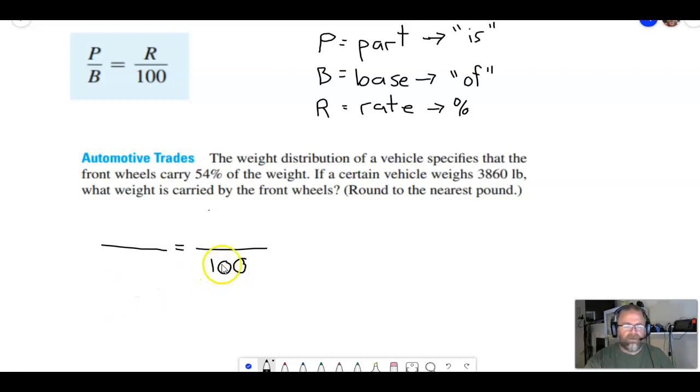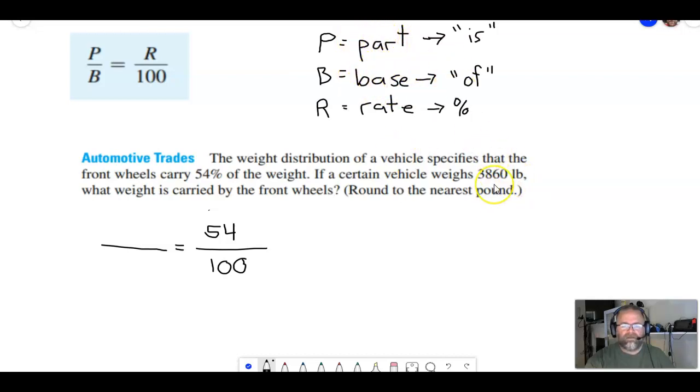All right, so we know 100 goes down here, and looking at it we do see a percentage here, so we know that's R, so the 54 is going to go over here. The big question is, where does this 3,860 go? Is that going to be in the part or the base, which is the whole?